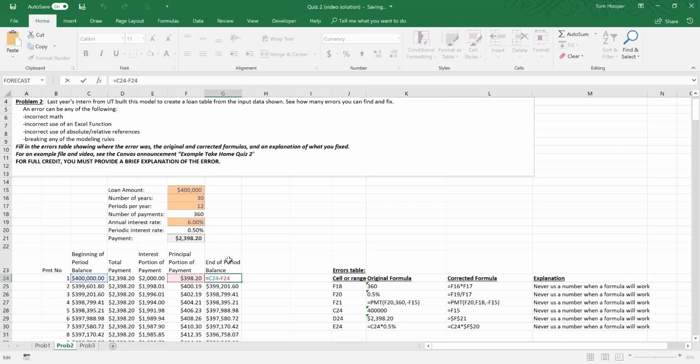Okay, finally, the end of period balance is the beginning of period minus the principal. So the top row of our table is correct. The beginning balance in the second month is the beginning in the first month minus the principal portion. And it was a bit misleading. A lot of you corrected this and simply referred the balance to the end of period balance.